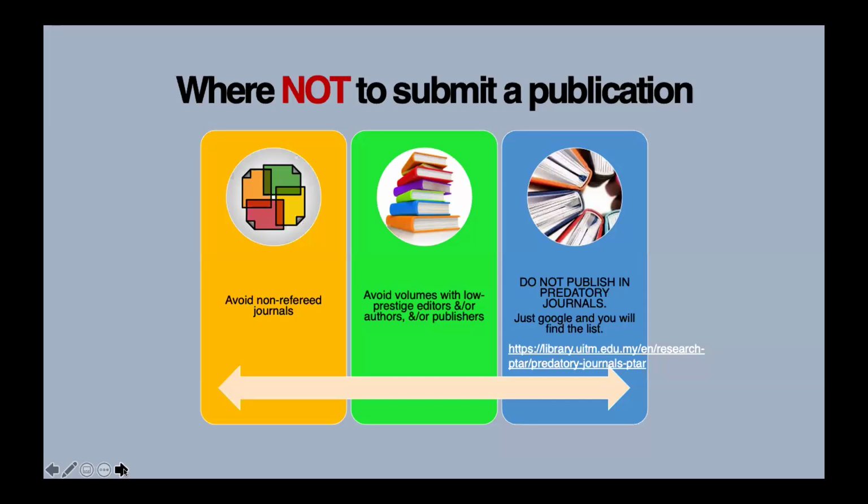However, we can identify, or get advice maybe from a supervisor, to investigate or look at the website of the journal, the fee, and also what the process of the review is.